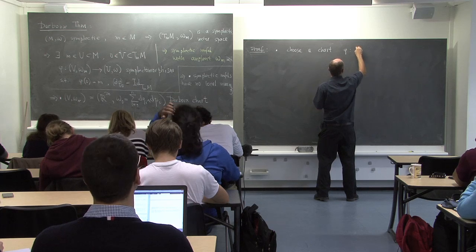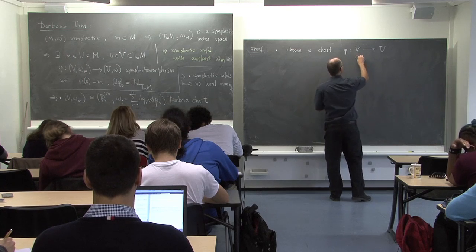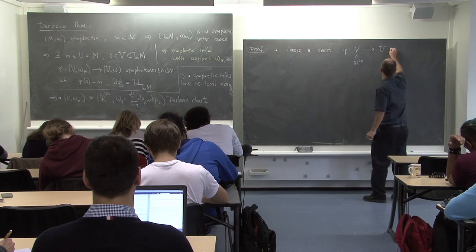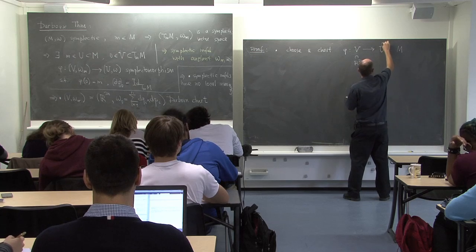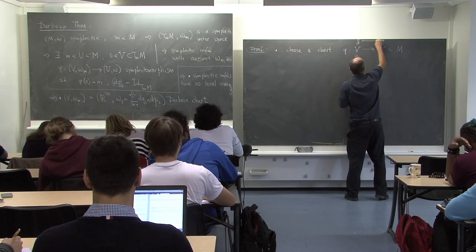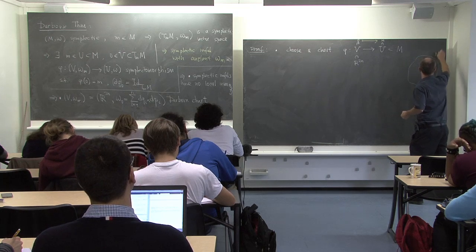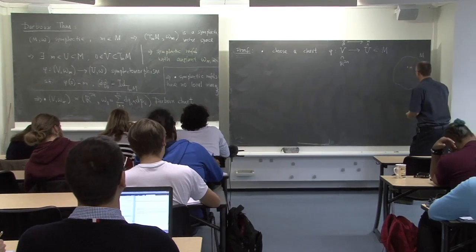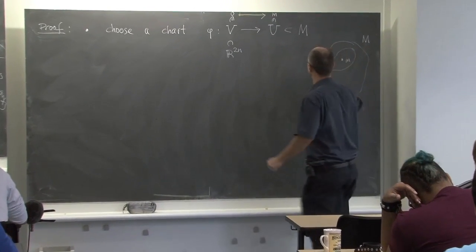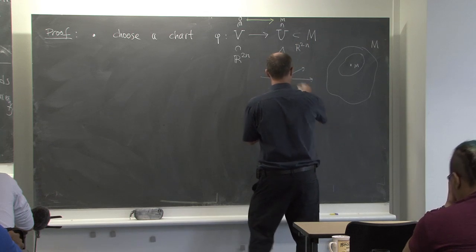I map a piece of a vector space, which we know has to be of even dimension, into M. Here is sitting our point M, here is sitting 0, and I can always arrange it such that 0 is mapped to M. So here is my manifold M, here is the point M, here will be this open subset U, the neighborhood of M, and here I have R^2n.